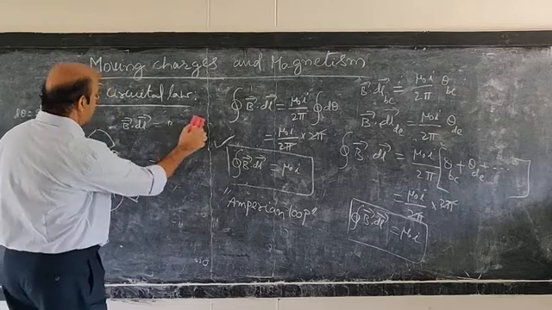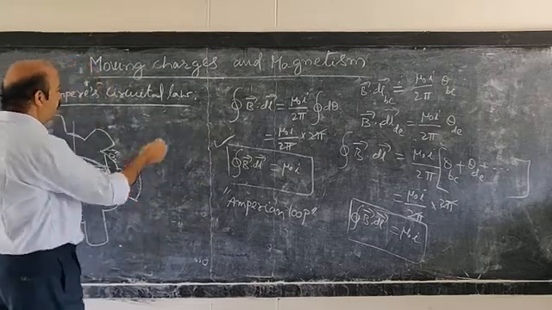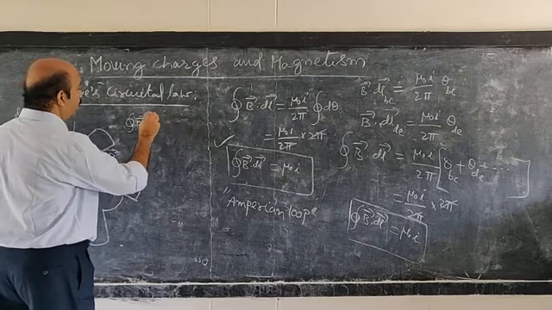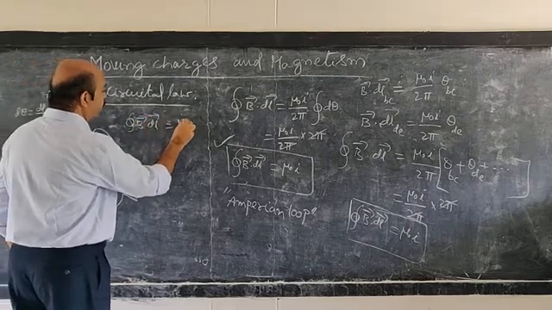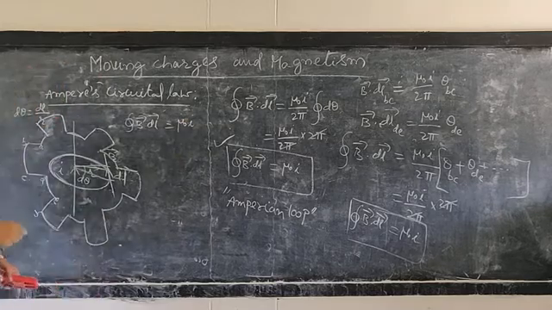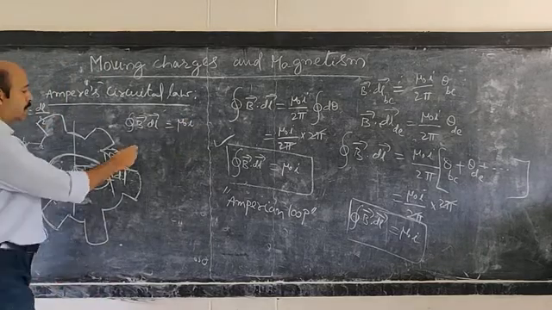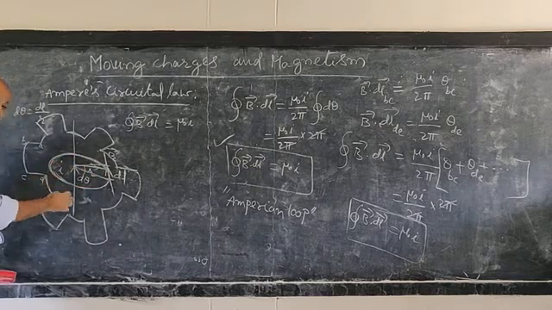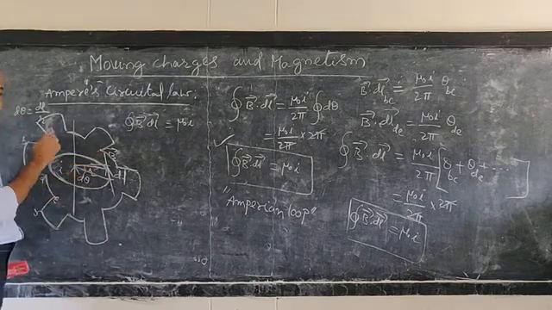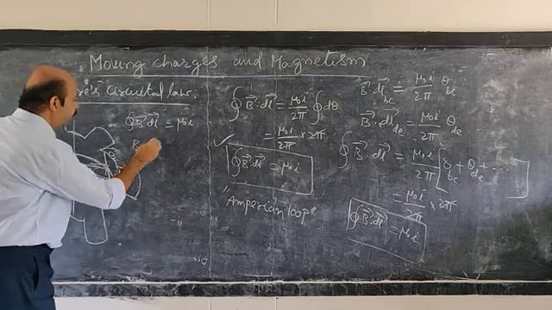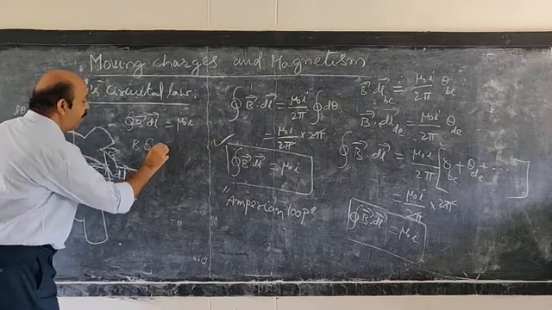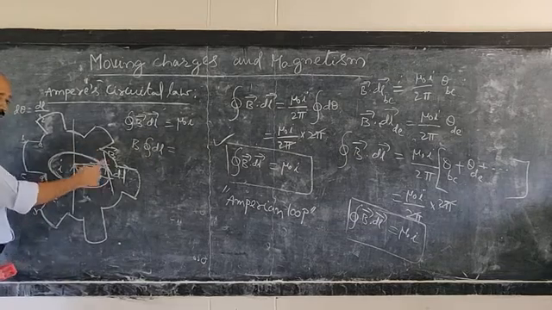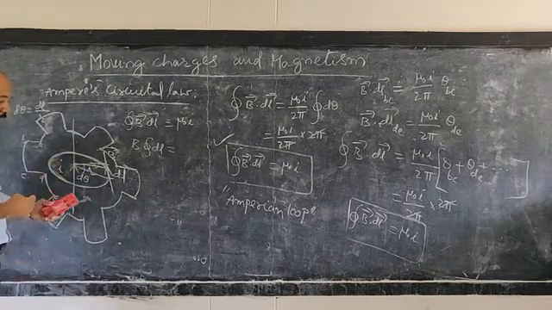See. So, that closed path integral of B bar dot dl bar is equal to mu naught I. Suppose we are talking about a straight current carrying conductor. So B is constant at every point if the path is a circular path of radius r. Then this integration will be only for this dl. And you know the dl bar direction and B bar direction is the same.